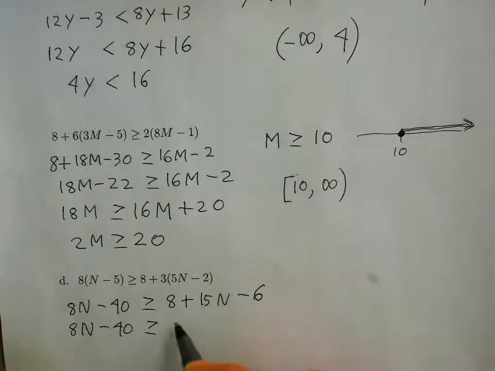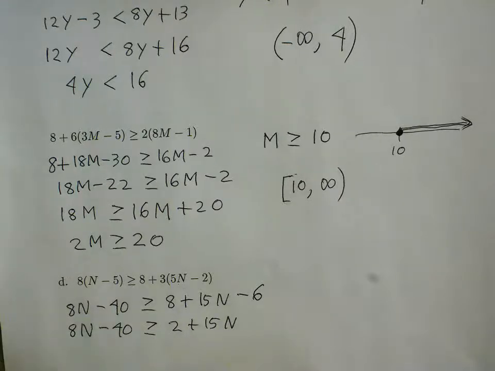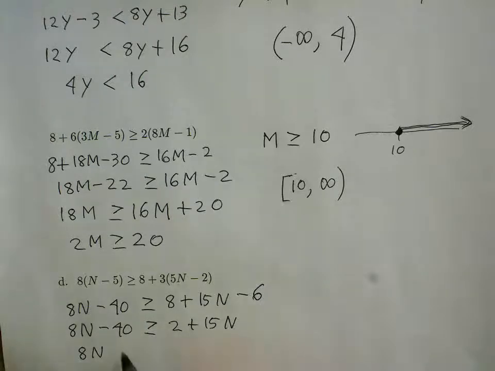We can write that as 2 plus 15n. Okay, and I'm going to add 40 to both sides. So we get 8n. When I add 40 to both sides, I'll just have 8n on the left-hand side greater than or equal to 40 plus 2, which is 42, plus 15n.